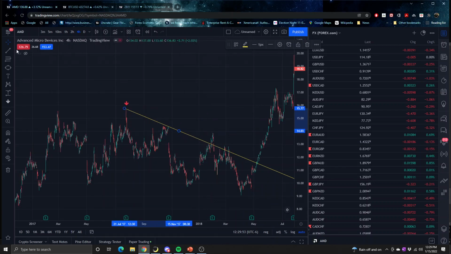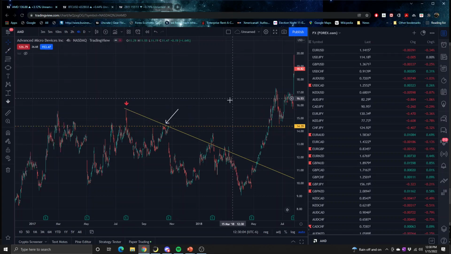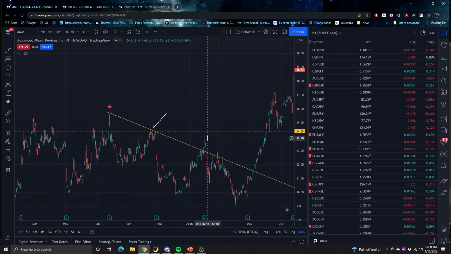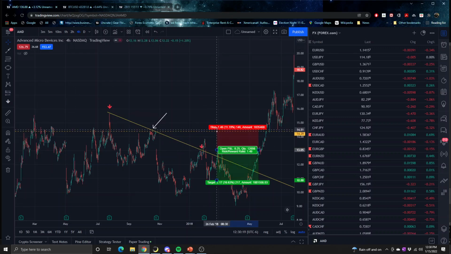If you were putting your stop loss above the last peak in the market, you're going to be fine. But if you had a stop loss that was more acute and you were trying to enter the market as it touched this trend line, you might be in a little bit of trouble. You would have to have your stop up at least above here to take advantage of this situation.